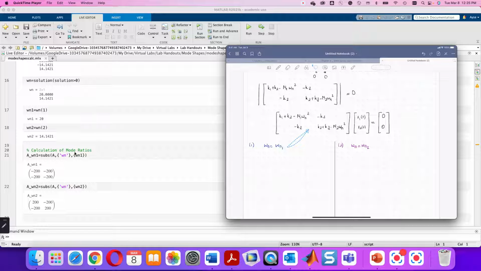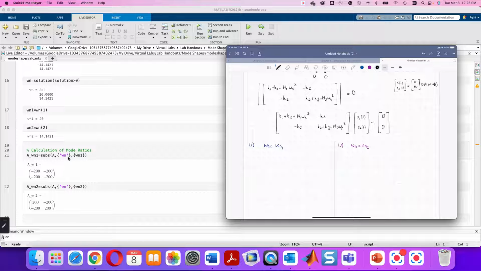Now, how are we going to calculate the mode ratios? Remember how we named x1 and x2. x1 and x2 over time should be equal to a1 and a2 multiplied by cosine omega nt minus phi. This is also from the previous page.